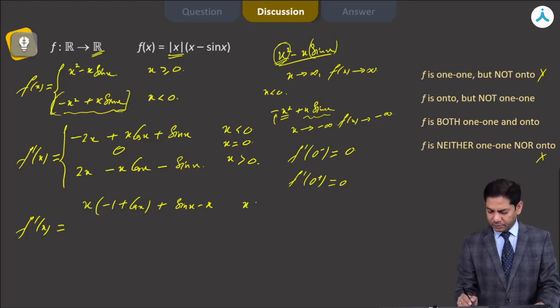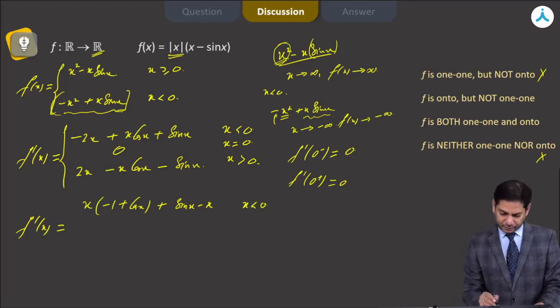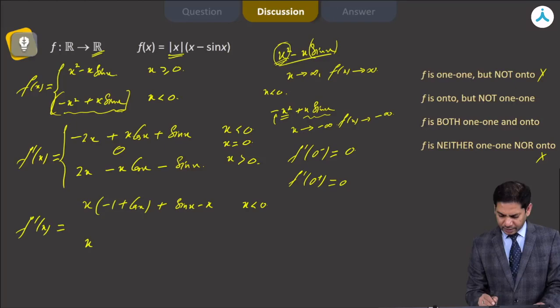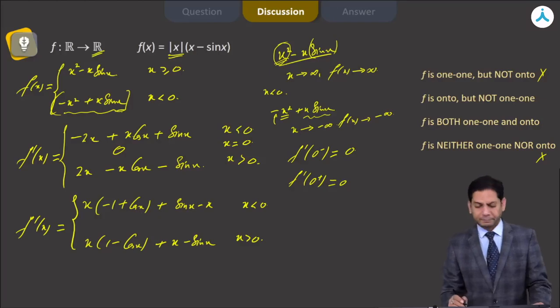That is the expression for x less than 0. And at 0 it is 0, so it doesn't matter to us. And for x greater than 0, we can write it as x into (1 minus cos x) plus x minus sin x. That is true for x greater than 0.